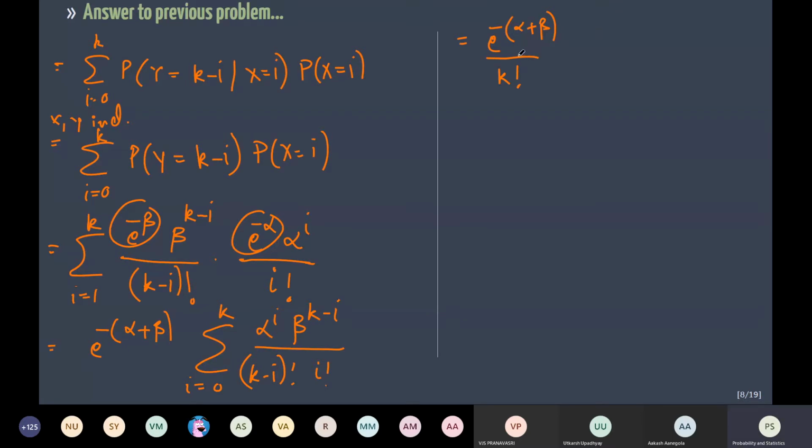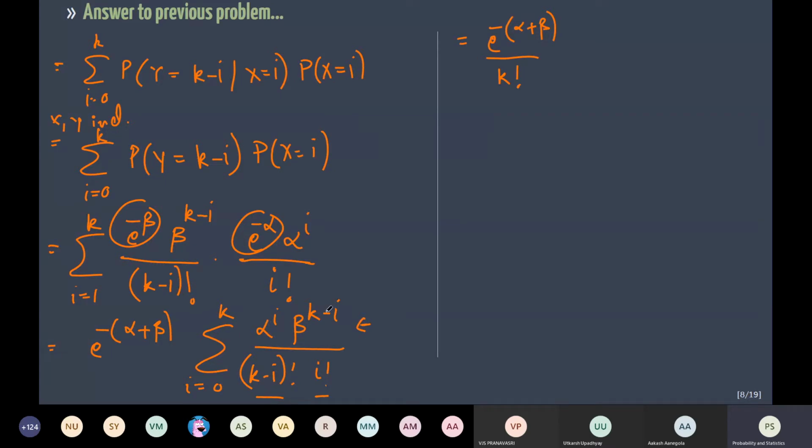What I have done is that here I see k minus i factorial and i factorial. If I put a k factorial on the top, then k factorial over k minus i factorial times i factorial will be k choose i, and this is the sum of alpha to the i, beta to the k minus i.